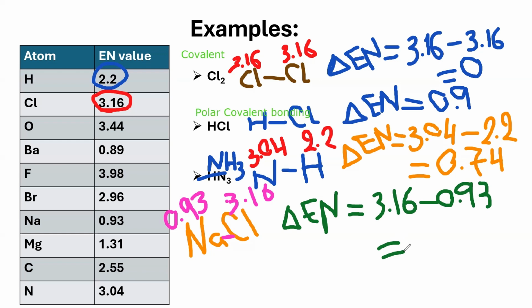This will equal 2.23, which is more than 1.7. So this is an ionic bond.